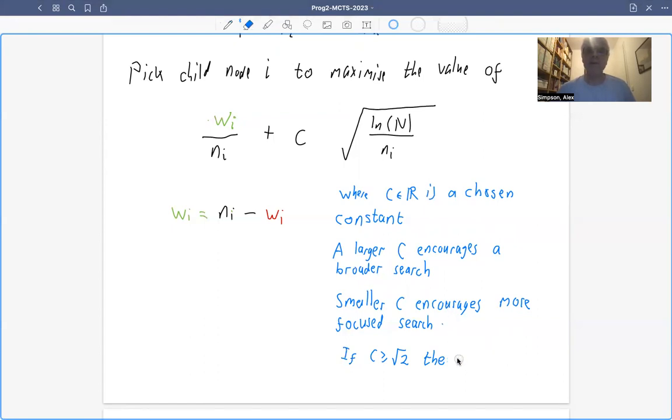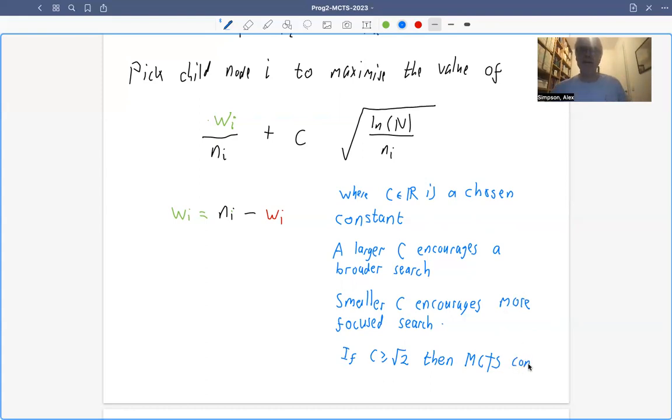What happens is that Monte Carlo Tree Search, if you run it for long enough, which would be a very, very, very long time, it converges to the optimum strategy for the game.